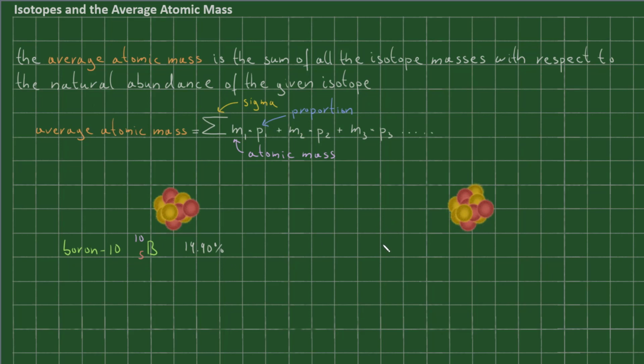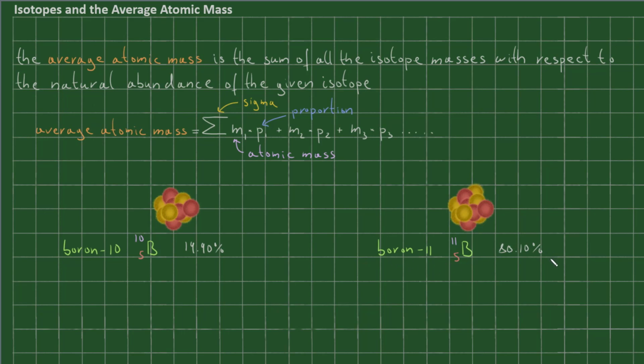On the right, I have boron 11. The atomic symbol for boron 11 would be capital B. The atomic number is 5 because I still have 5 protons. And the atomic mass would be 11 because now I have 6 neutrons. 5 plus 6 is 11. And it turns out that about 80.10% of all boron atoms are in fact boron 11.